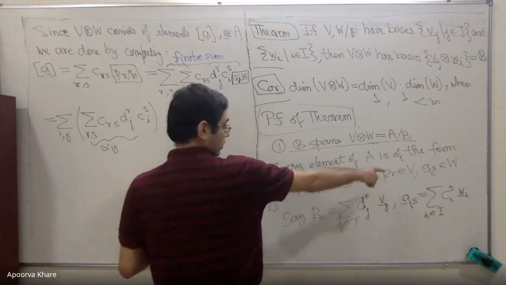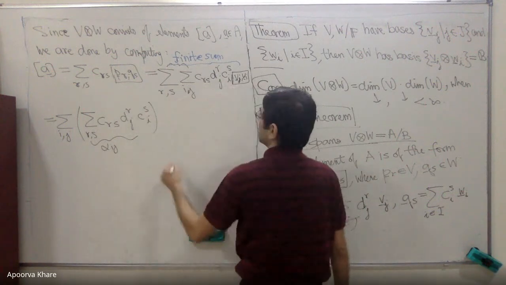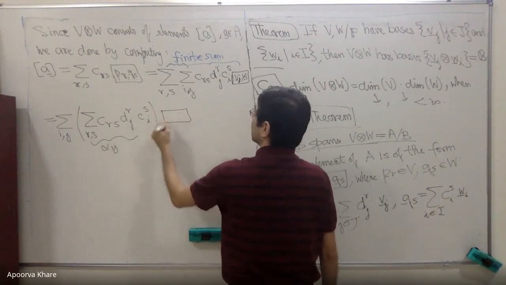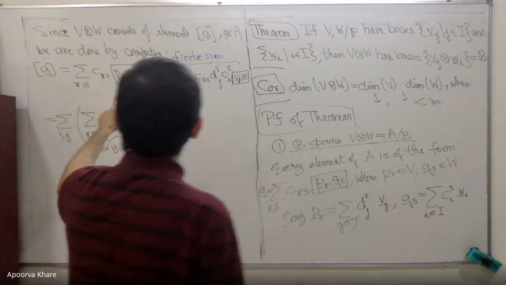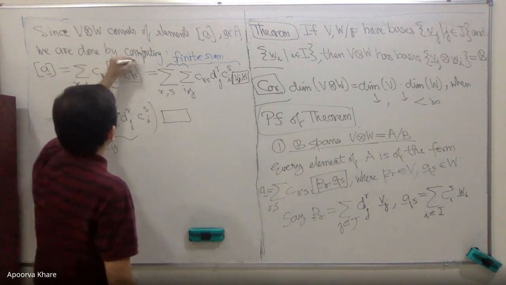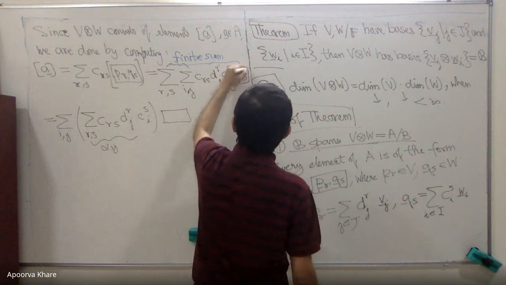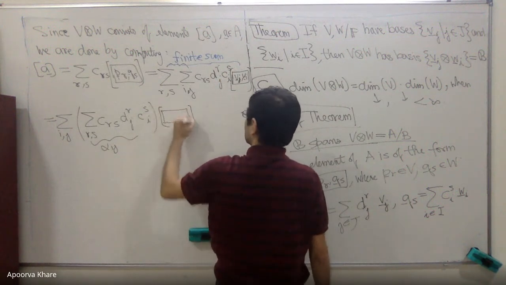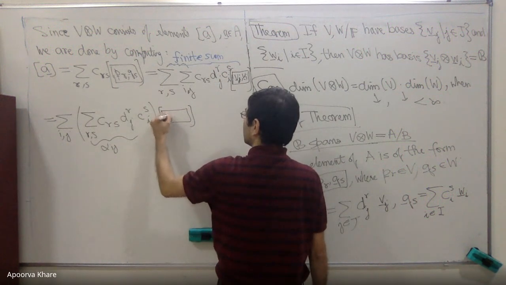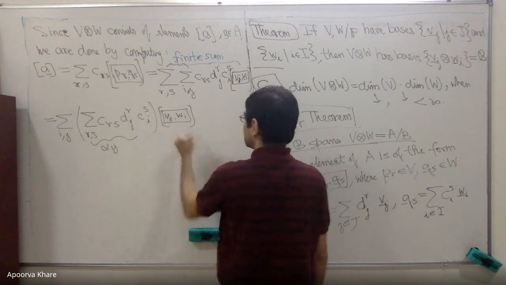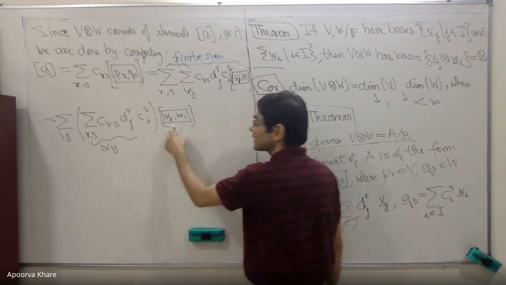Now we write down here, and these are equivalence classes, so I should be putting brackets around them all: (V_J, W_I). But what is the equivalence class of (V_J, W_I)?